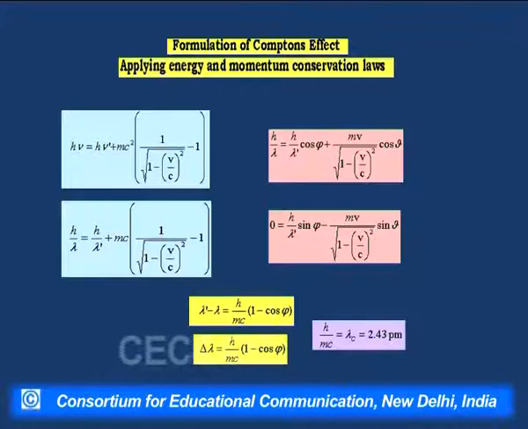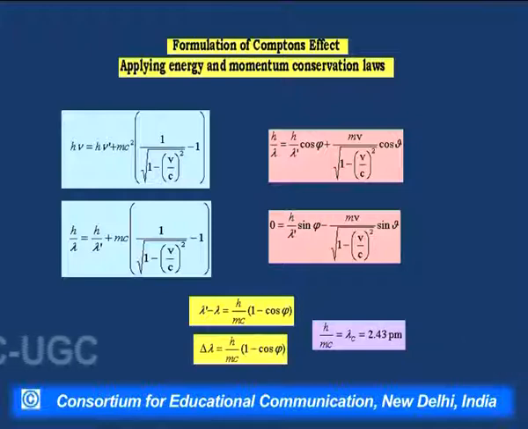So we have to consider the relativistic energy expression. Now we can write it in terms of wavelength, because nu is c over lambda. So h c over lambda is h c by lambda dash plus again the kinetic energy factor for the electron. So this is the conservation of energy part.